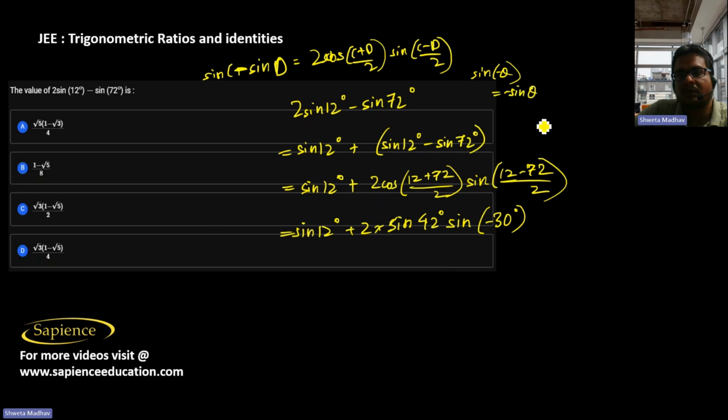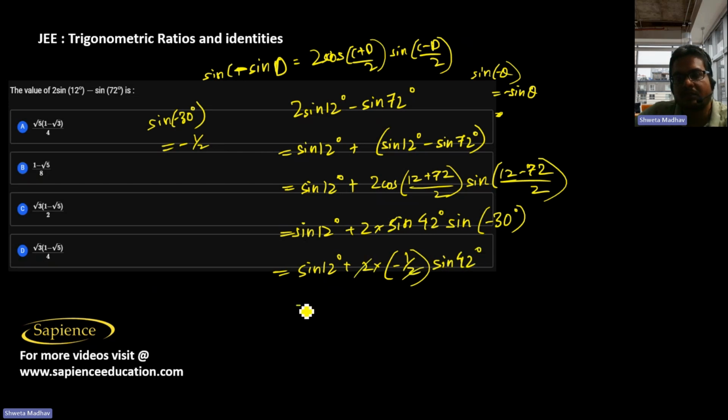So this minus will come in front. So it will be sine 12 degree plus 2 into minus half, since sine minus 30 is the same as minus sine 30, and sine 30 is half. So it is minus half into sine 42 degree. Now the 2 will cancel, so it is coming sine 12 degree minus sine 42 degree.